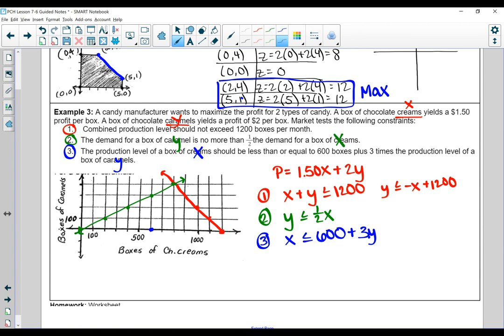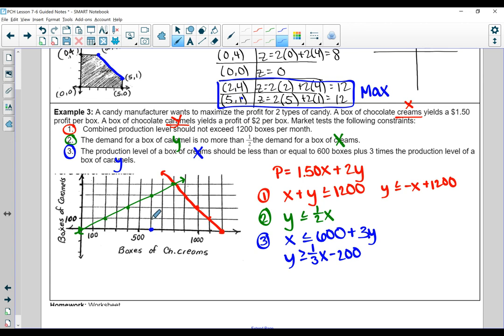Yep. So, I've got a slope of, if I were to rewrite this, y is greater than or equal to 1/3 x minus 200. So my slope is -1. I'm sorry, no, positive 1/3.